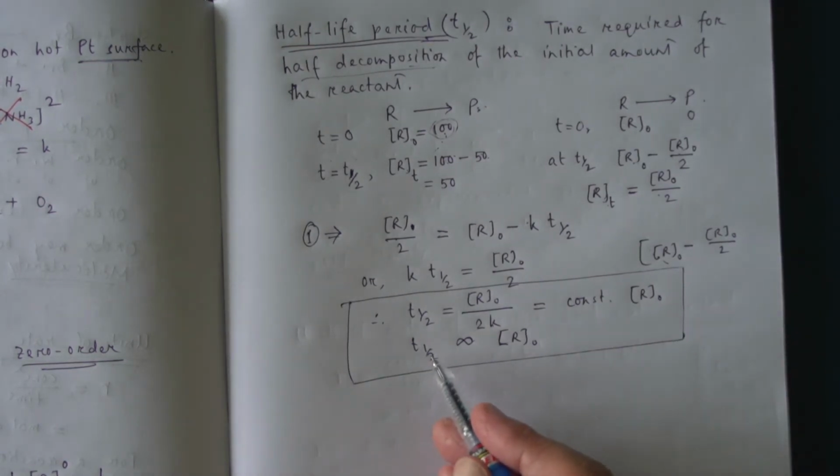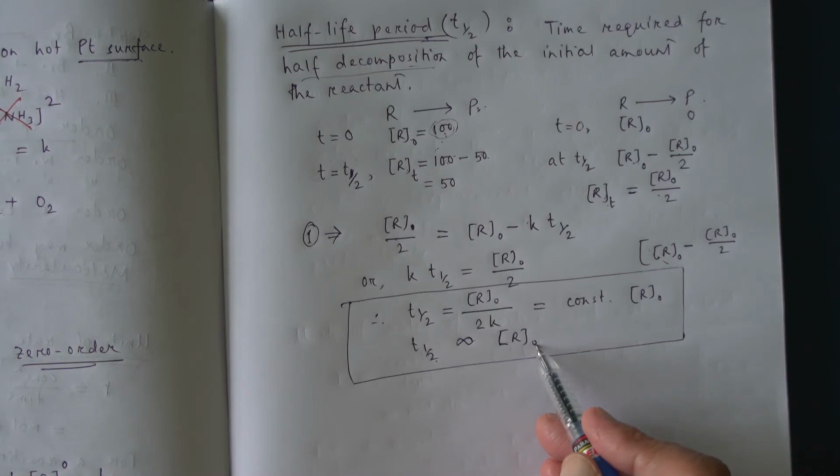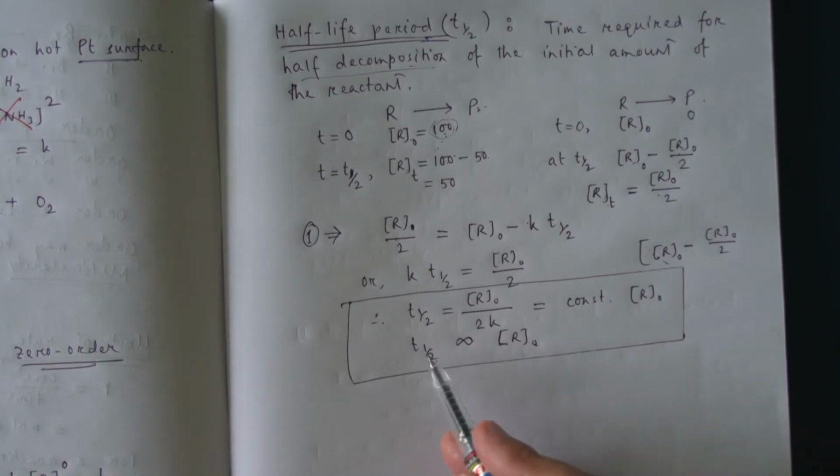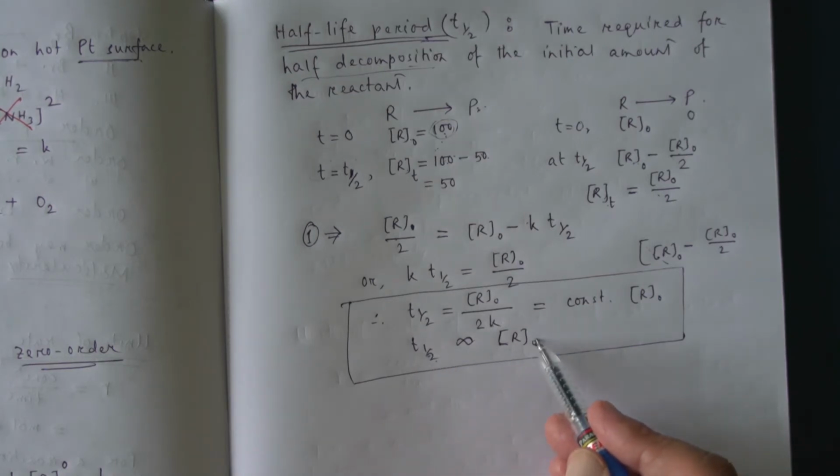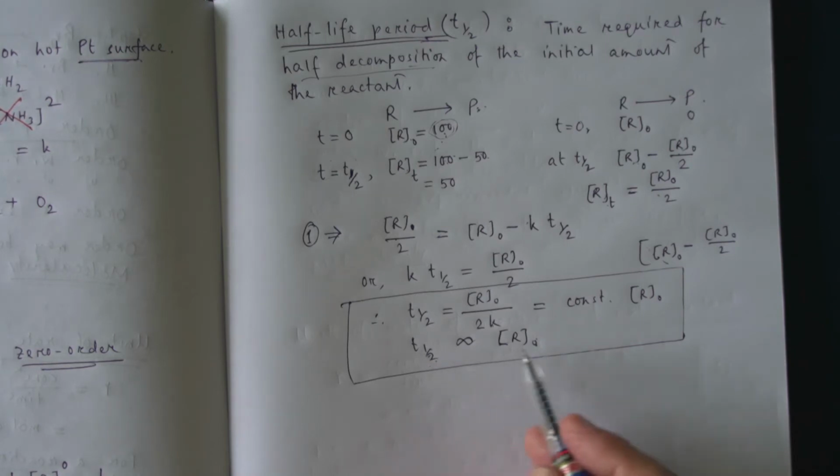So for zero order reaction, half life period is proportional to initial concentration of the reactant. Half life is proportional to initial concentration of the reactant for zero order reaction.